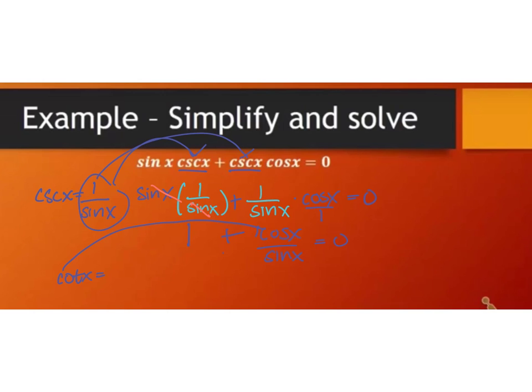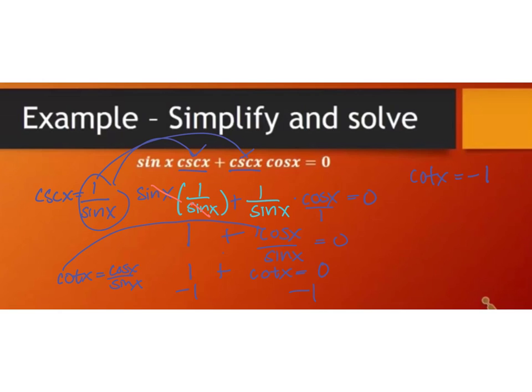We know that cotangent is the same thing as cosine of x over sine of x, so we can replace that. Now we have 1 plus cotangent of x is equal to 0. The next thing I can do is subtract 1 to get my cotangent by itself. So we have cotangent of x is equal to -1.